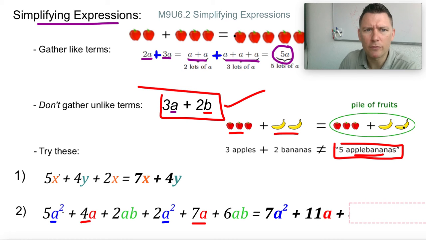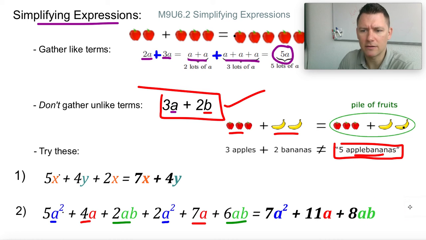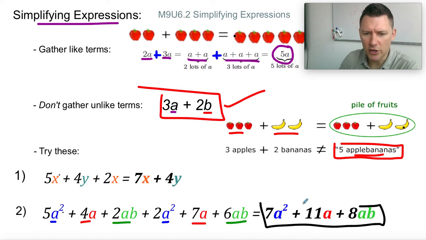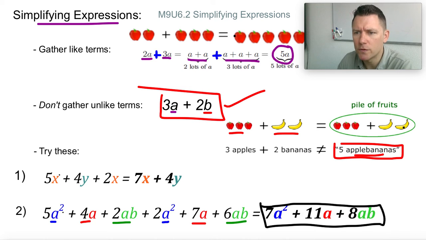And left over we have 2 ab's and 6 ab's, and those are like terms, and so therefore we have 8 ab's. Cool. So our simplified expression looks like this. And it's just easier to use. All right. Great.